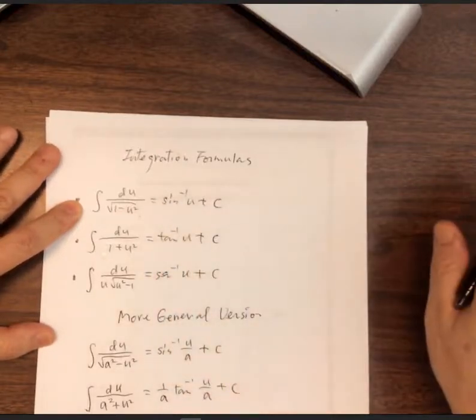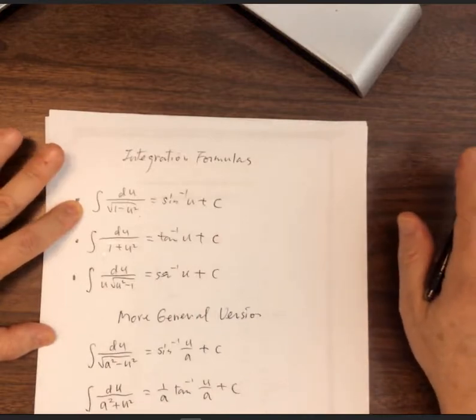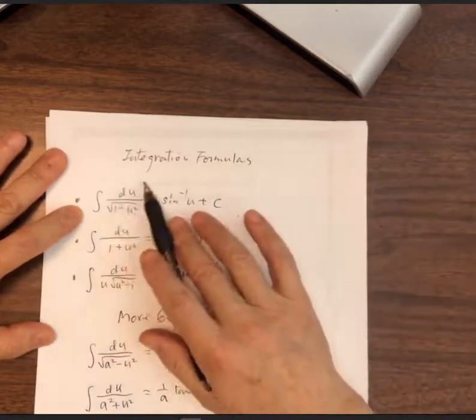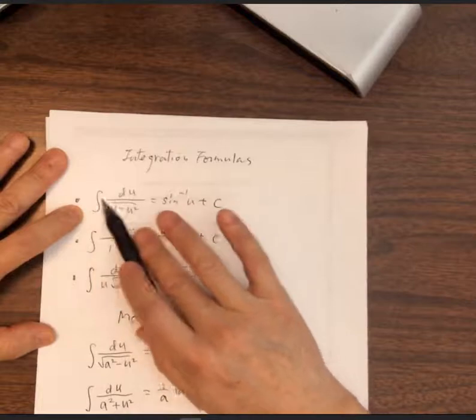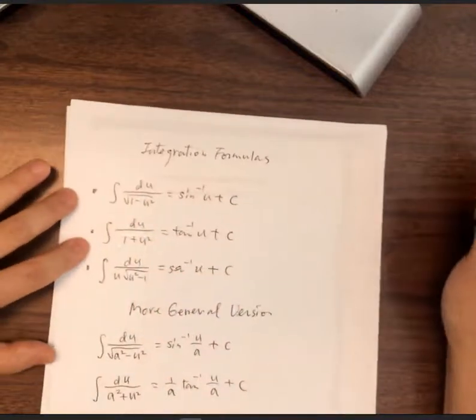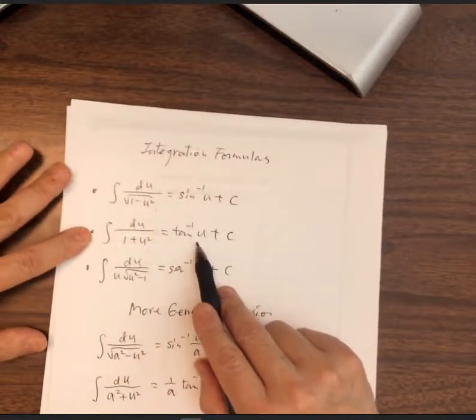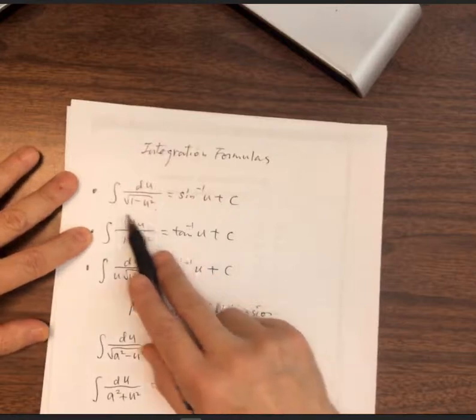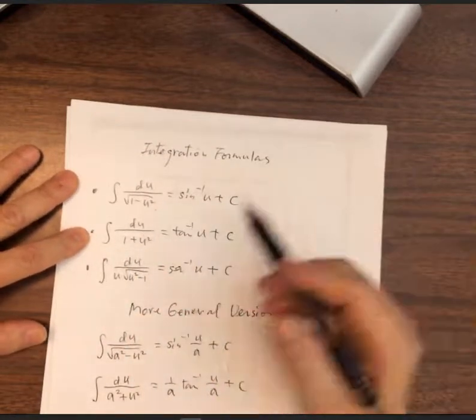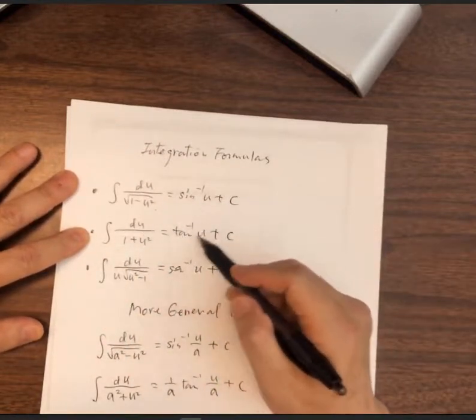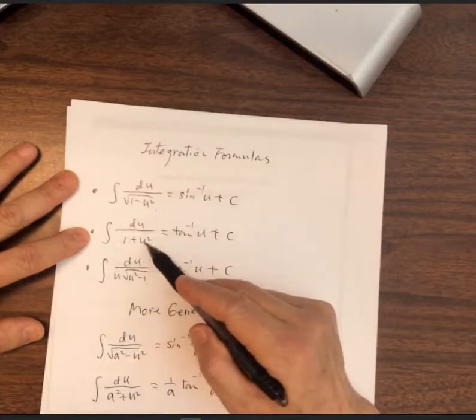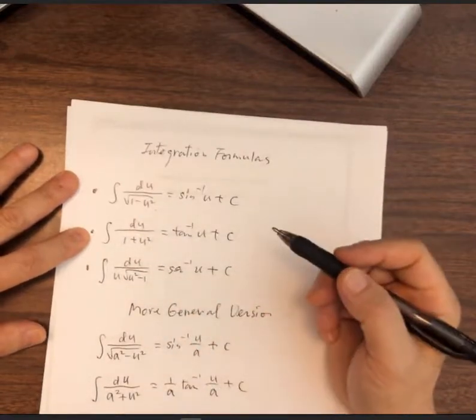So from derivative inverse cosine, we won't get any new integration formula anyway, okay? Now from derivative inverse tangent, similar, we get this formula because, remember, derivative inverse tangent is 1 over 1 plus u squared.